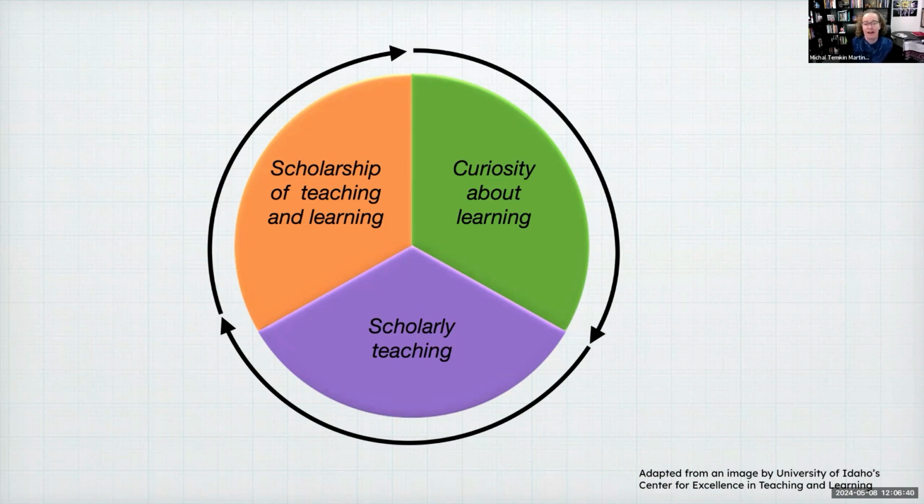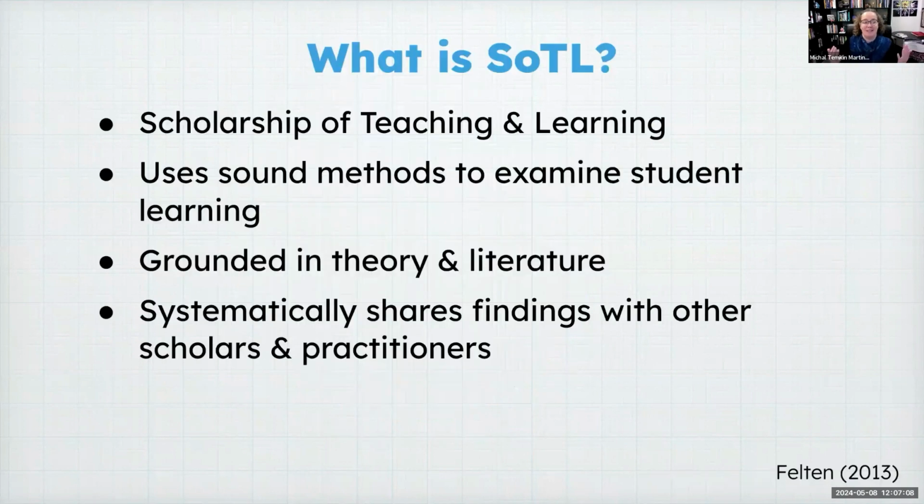Many of us have either participated in workshops or read articles published in SOTL. Because we were curious about learning good teaching practices, once we actually adopt these practices and reflect on them, we're considered scholarly teachers. And scholarly teachers can then participate in SOTL by publishing or presenting themselves. So in essence, scholarly teaching and SOTL sort of feed into one another. And what is SOTL?